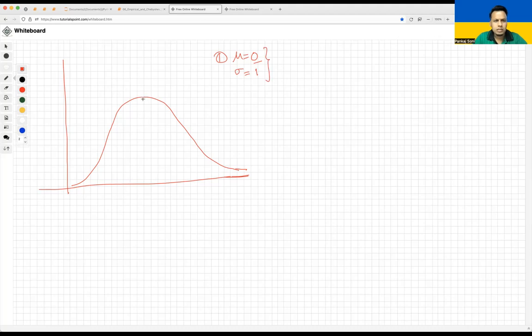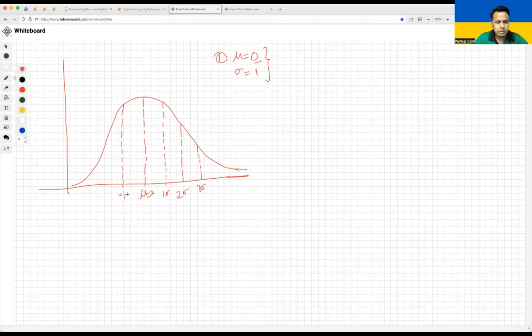Okay, so let's go ahead and draw where mu is going to fall: mu is 0, and your standard deviation is 1. So this is mu, then this is 1 sigma, this is 2 standard deviations, and this is the third standard deviation. Now let's follow the same thing on the other side because it is going to be symmetric.